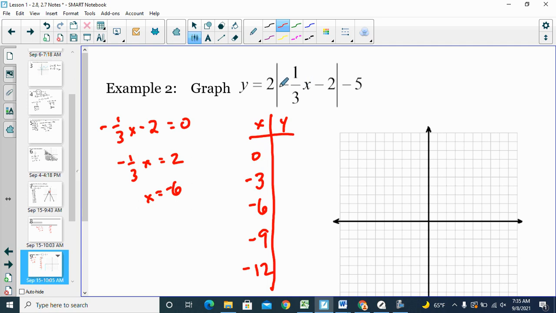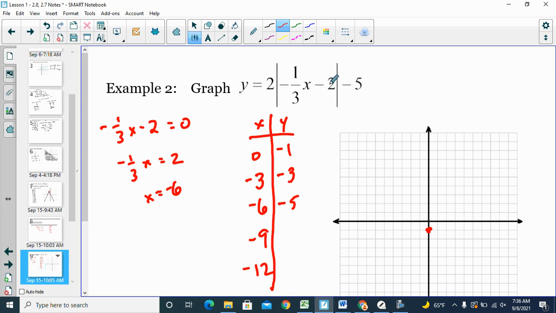Plugging in 0 gives me the absolute value of negative 2. That's 2 times 2 is 4, minus 5. Plugging in negative 3 gives me 1 minus 2, which is negative 1. Absolute value is 1. 2 times 1 is 2, minus 5. And so on. 2 minus 2, that's 0, times 2, minus 5.